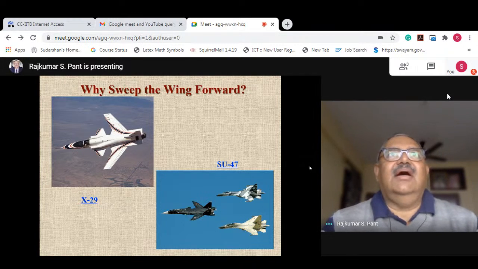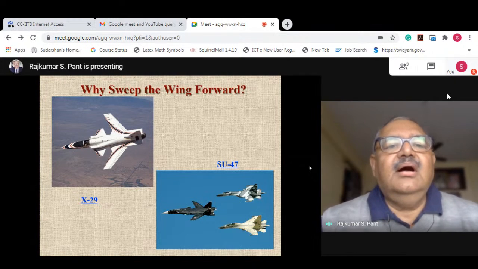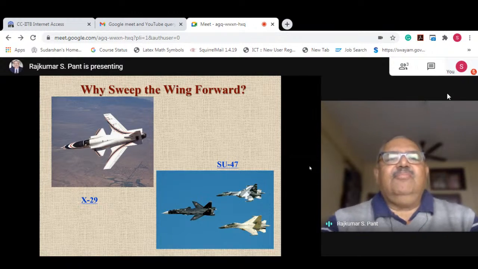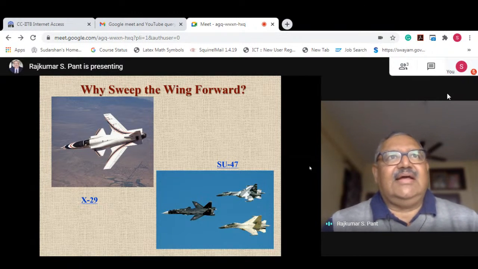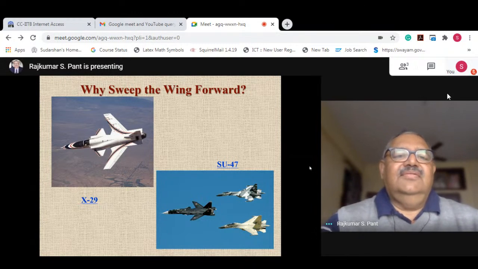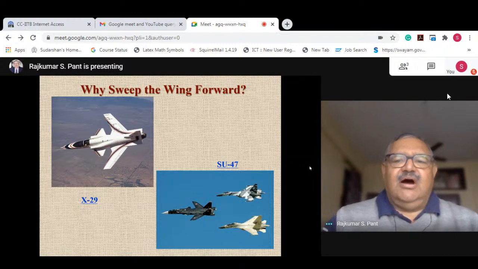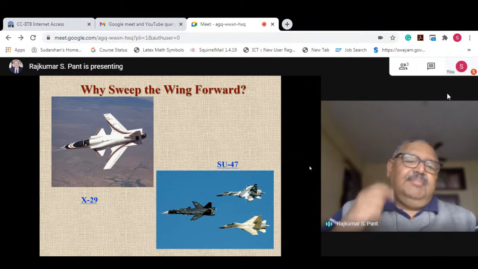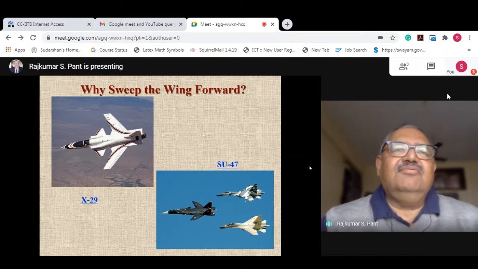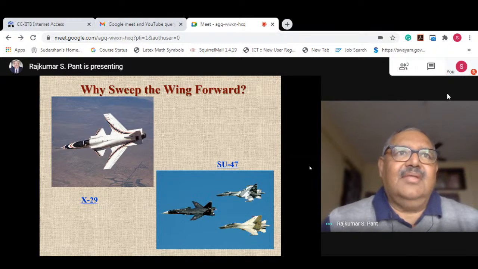In a forward swept wing, when the lift is increased by, let us say, increasing the angle of attack, the area towards the outboard tips will start getting more load. Because of that more load, the leading edge will encounter higher angle of attack.